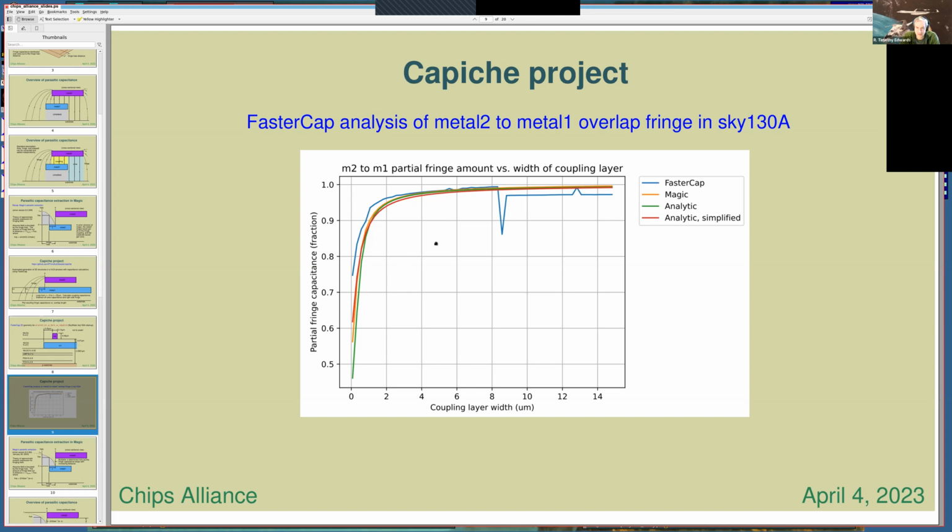I haven't done that yet. Then there's an analytic expression where I'm doing a curve fit to the arctangent, and then an analytic simplified one, where I show what I did to simplify the expression so that I don't even need to save any particular coefficients. I can figure out what this curve is going to be from all the existing coefficients that I have for other things.